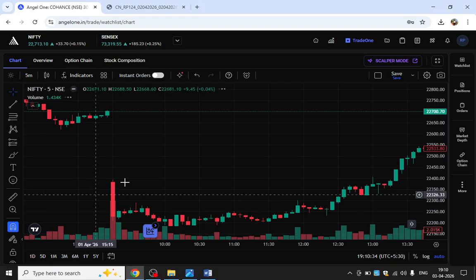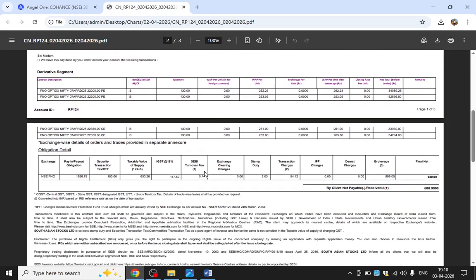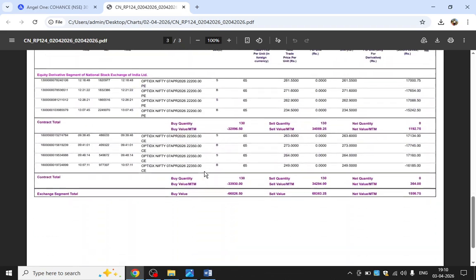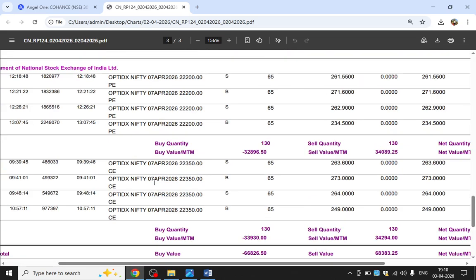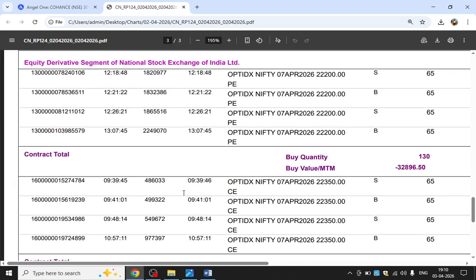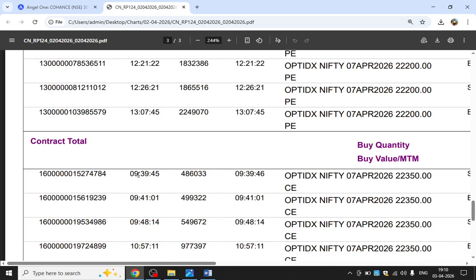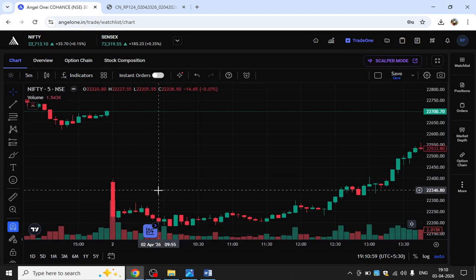Let's see at what point I took the trade. As you can see, I shorted one of my CE at 939. Let's check when it was 939.